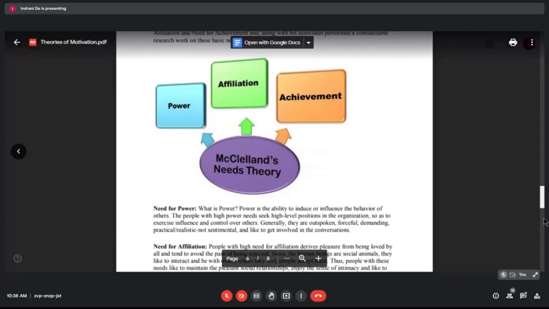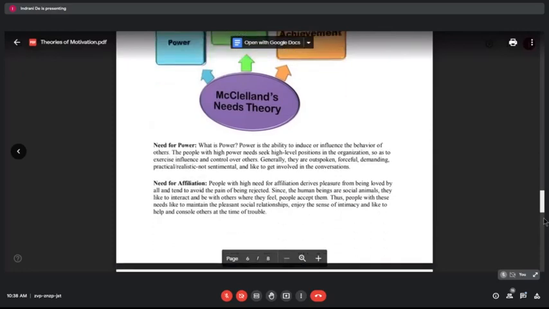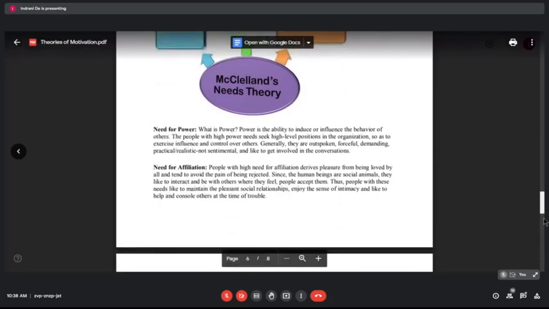When you achieve that high level position, you will be able to achieve the power associated with that particular position. So that is the need that is working as a motivator. Some people who are outspoken, demanding in nature, practical in nature, they always look for this kind of need for power.